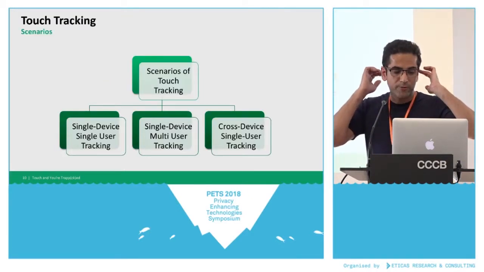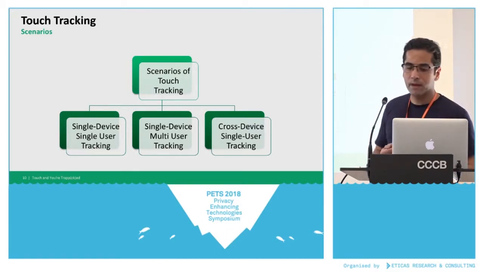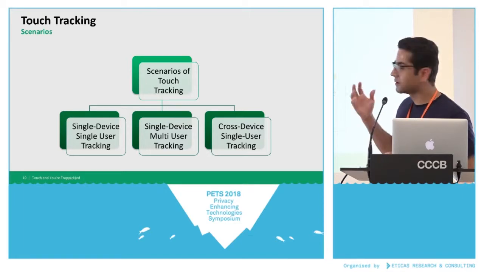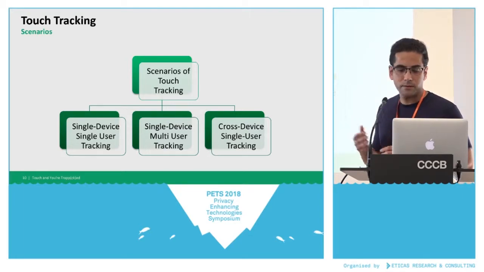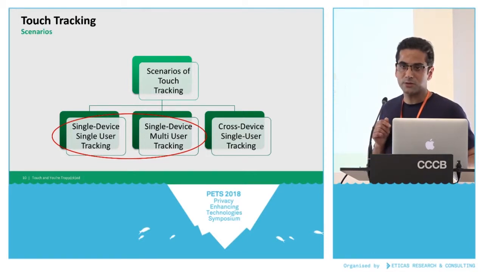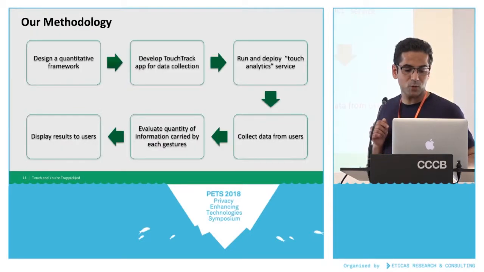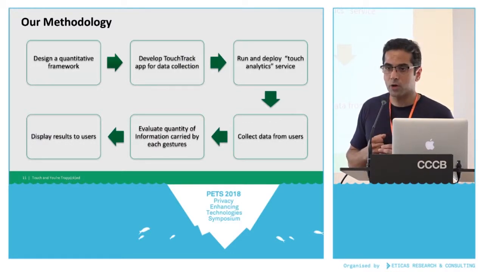As I mentioned before, there are several scenarios of touch tracking: single device single user, single device multiple users, and cross-device tracking. Our work is currently focused on the first two. The last one is left as future work. Here's a flow diagram of how we achieve this.